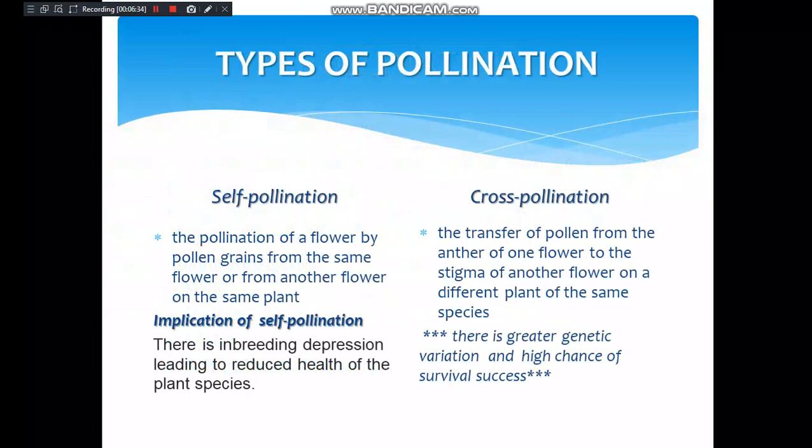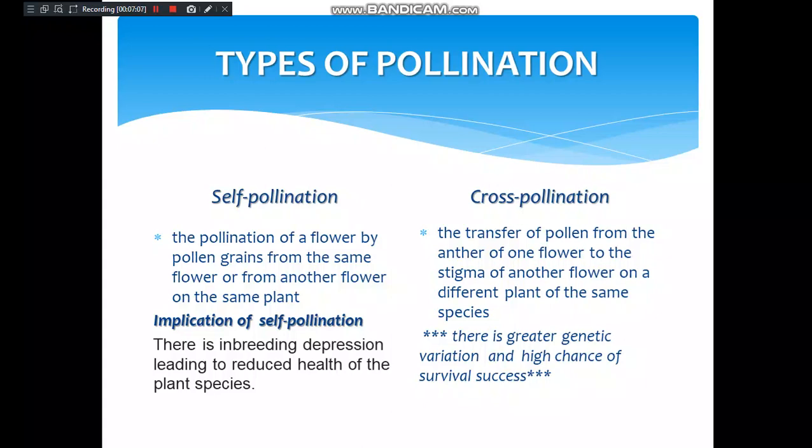We have self-pollination, which is the pollination of a flower by pollen grains from the same flower or from another flower, but on the same plant. And then we also have cross-pollination, which is the transfer of pollen grains from the anther of one flower to the stigma of another flower on a different plant of the same species, though.